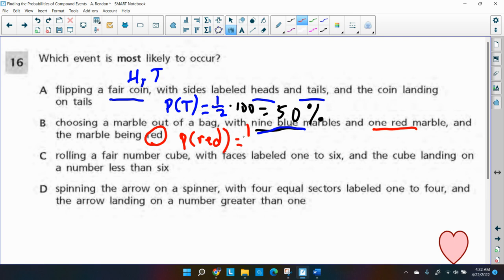Well, there's only 1 red marble out of all 10 of them in the bag. If I multiply that fraction 1/10 by the magic number 100, I will get 10%. Well, that's not going to be the best. It looks like it may be the worst, but there are 2 more. We have to find the probability of those 2. So I'm going to leave you to figure out what are the probabilities of those and see which one will be the best. So that's a good question from the state test.